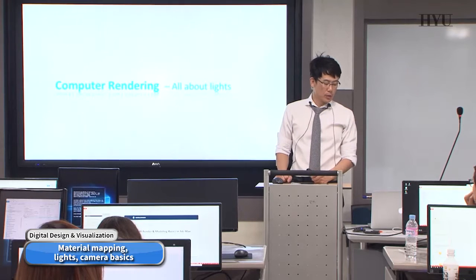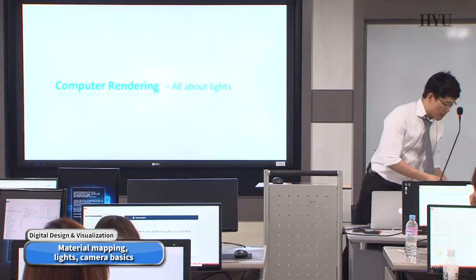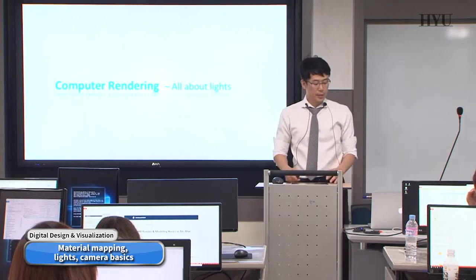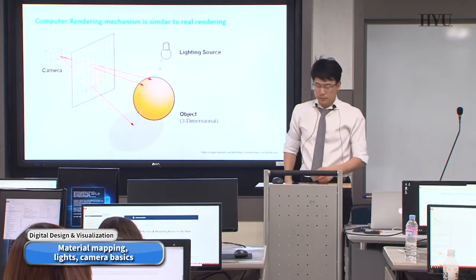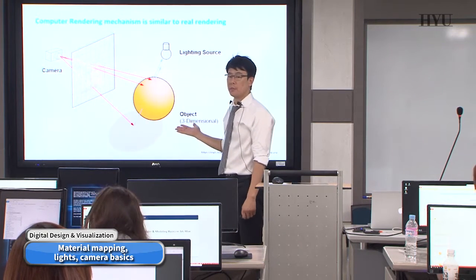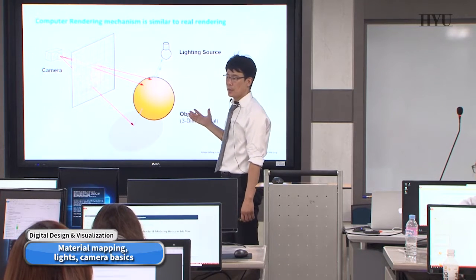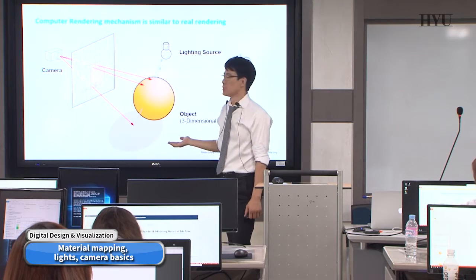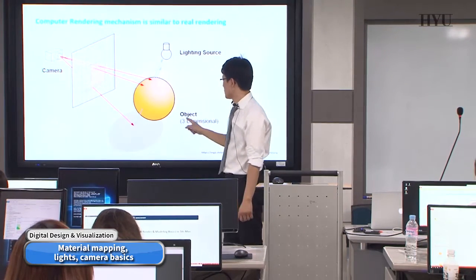Let's take a look at computer rendering first. So what is computer rendering? It's all about lights, okay? I told you last week there are 3 main actors, 3 main things in computer visualization. First one, of course, the most critical thing is the target object.